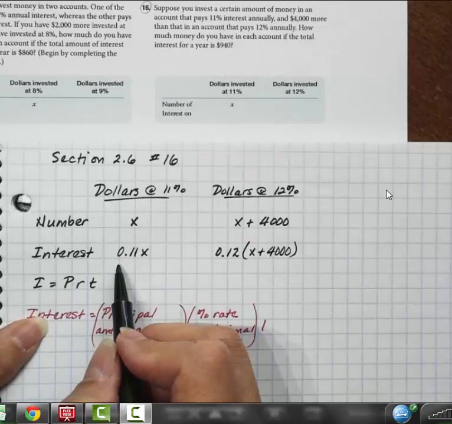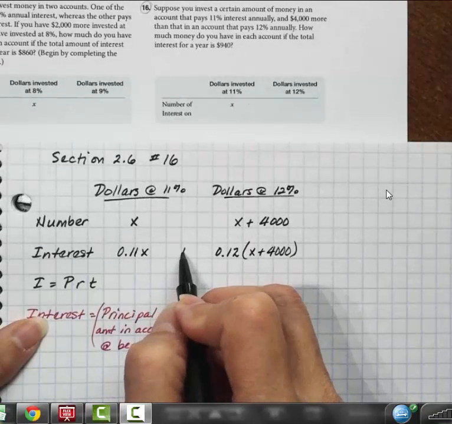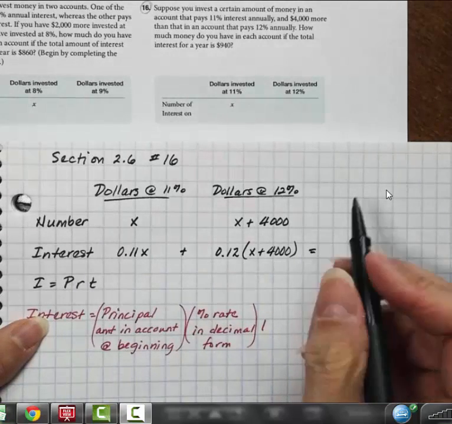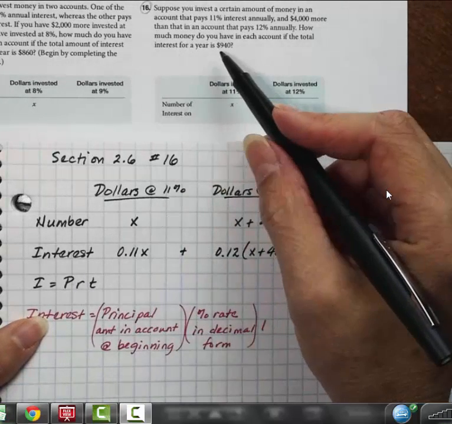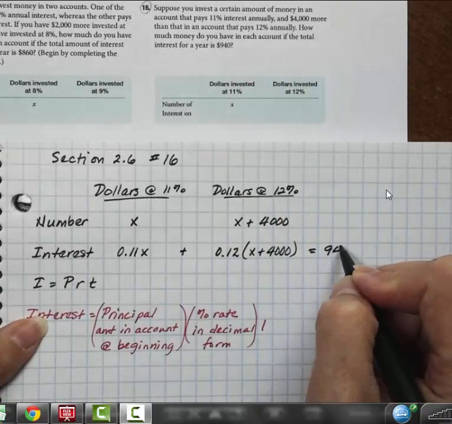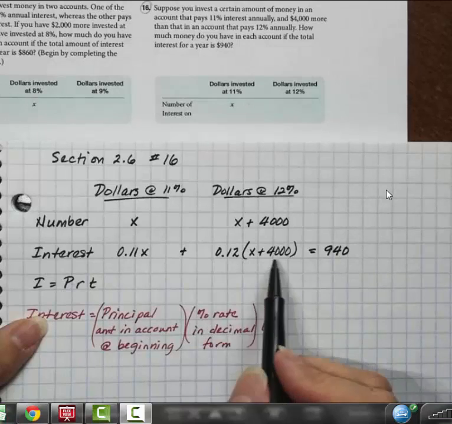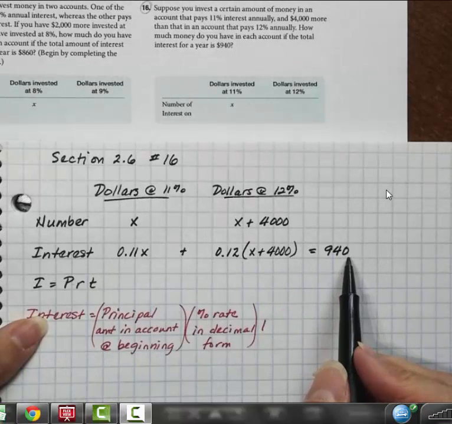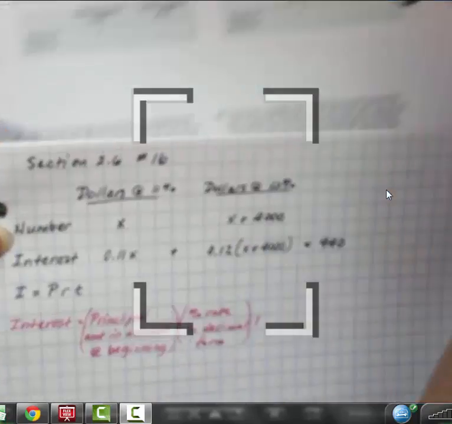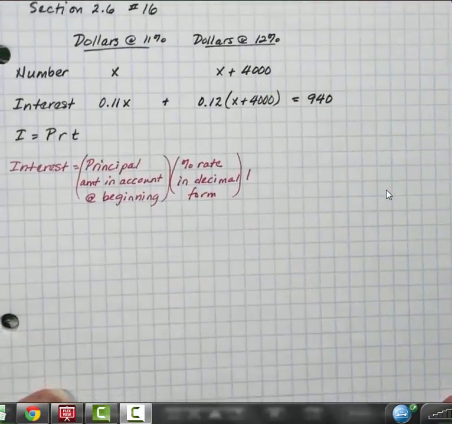I'm going to add the two interests together, and it better equal, if we've done this right, the total amount of interest for the year, which is $940. So this is the equation we're going to be working with and trying to solve. I'm going to move the paper up a little bit and get rid of this paper to give us some more room here.